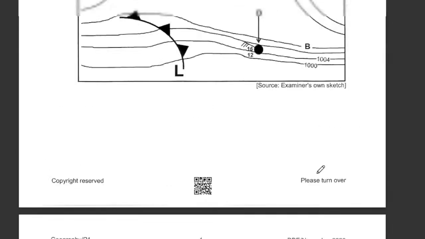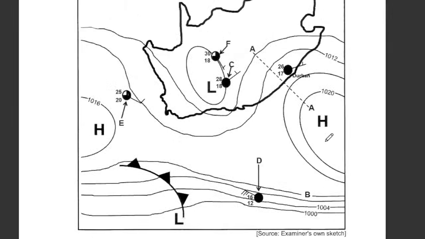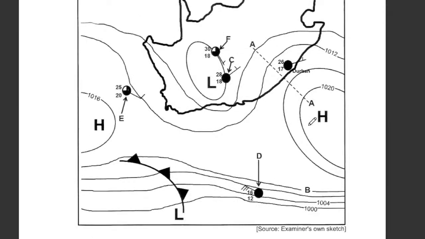The other route we can use for B, we can start from this high pressure. Remember, in a high pressure, pressure increases towards the center. That means it is decreasing outward. So if this is 1020, and the interval here is 4, therefore this is 1016, that means this one is 1012.